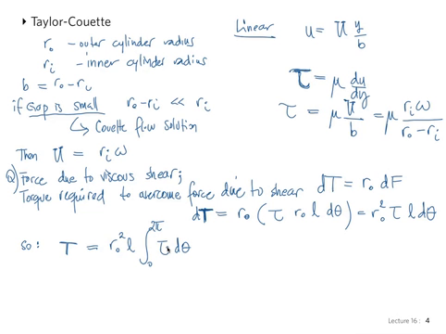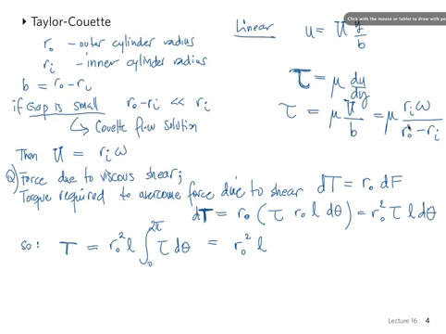But tau doesn't depend on theta, so we can write it immediately. It's the simplest possible integral: R_O squared L tau times the integral of d theta between 0 and 2 pi, which is just 2 pi minus 0.